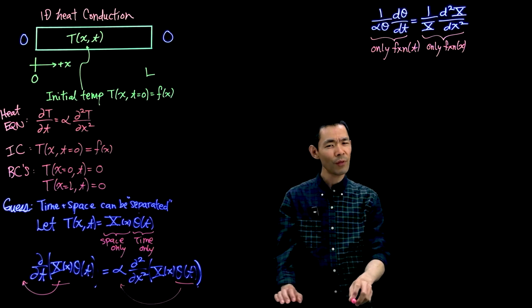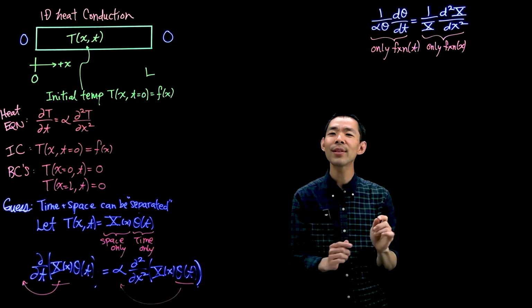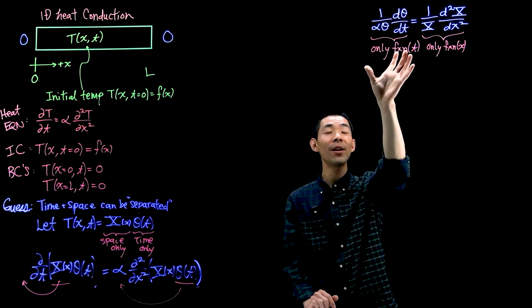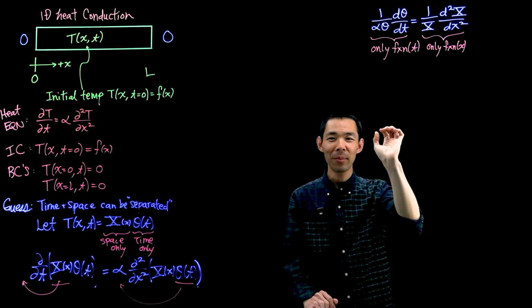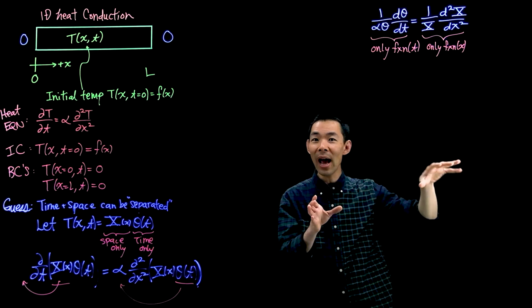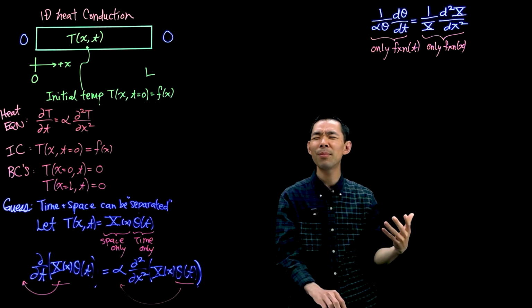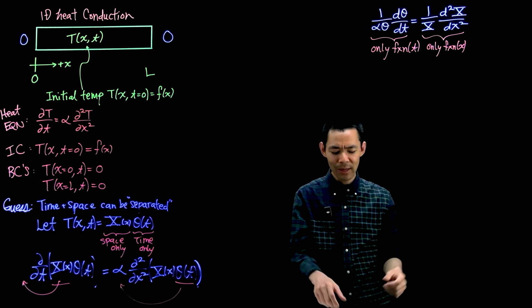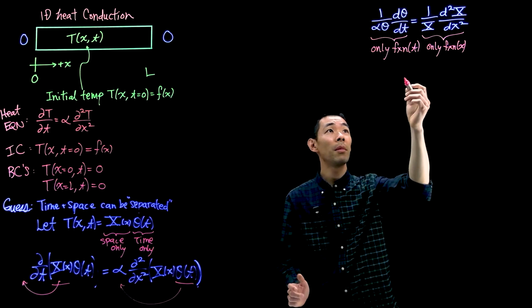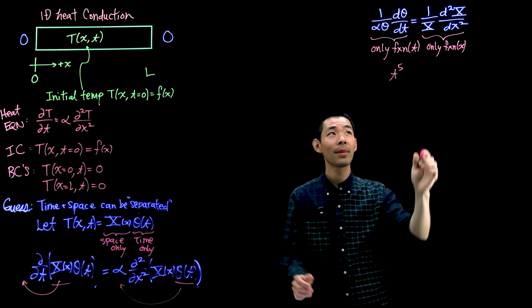Therefore, you have to think about this a little bit. How could you ever have a situation where a function of one independent variable, time, is equal to a different independent variable, x? When you think about what could possibly be true, I mean, for example, t to the fifth is some function of time.